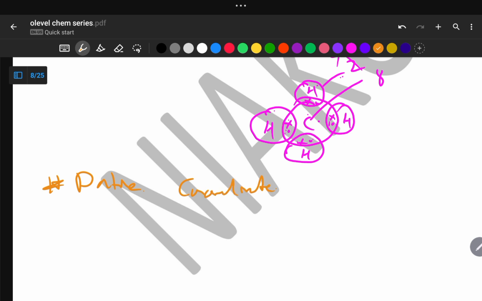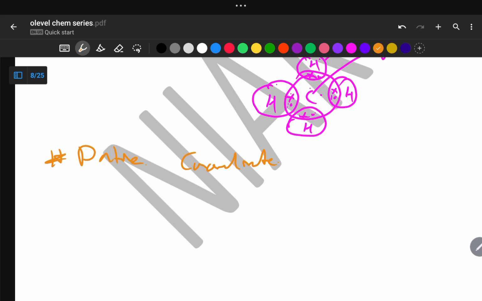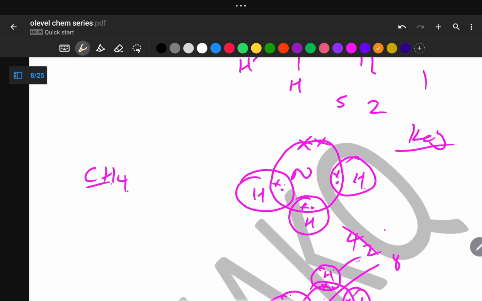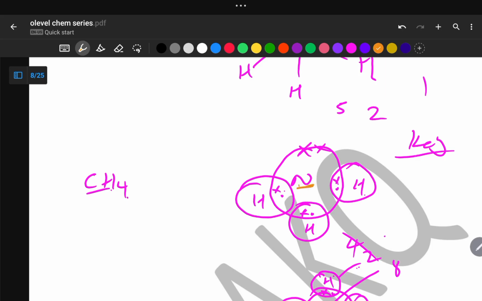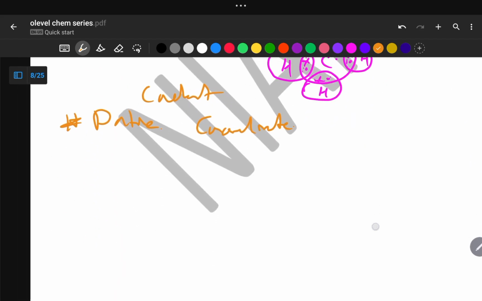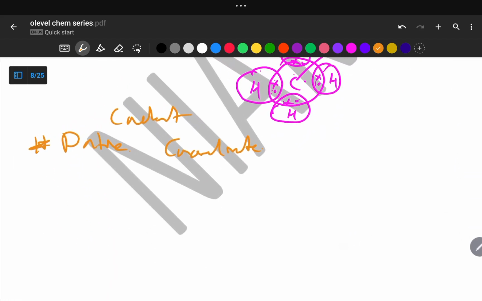It is a subgroup of covalent bonding, and it is when one atom or one molecule donates all the electrons to be shared. Here, nitrogen will donate an electron, and hydrogen will also donate an electron. It's a mutual relationship. But here we have a parasitic relationship whereby only one atom, only one molecule, is going to donate.